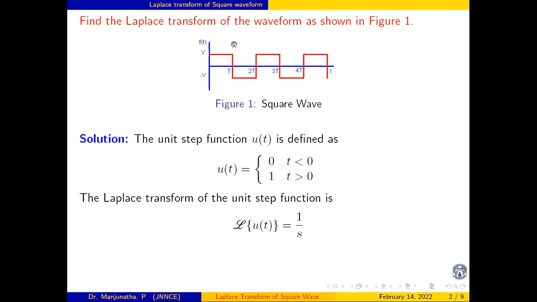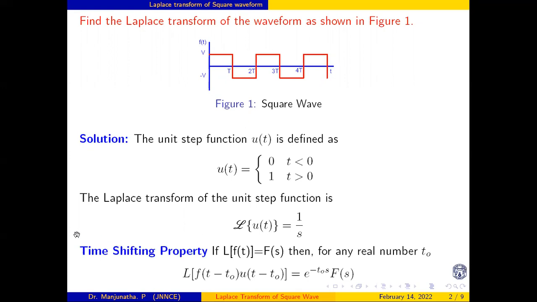And similarly, while finding the Laplace transform of this square wave, we are going to use a delayed version of the unit step function. So for that, we are going to use the time shifting property.